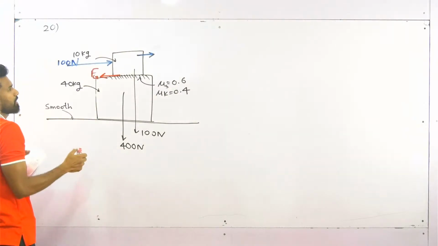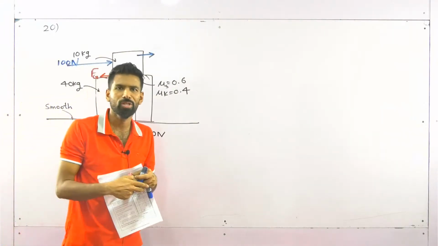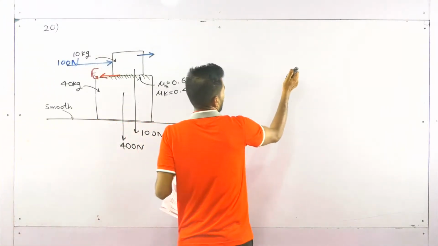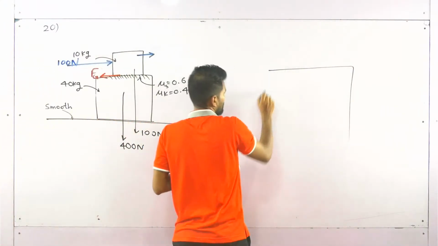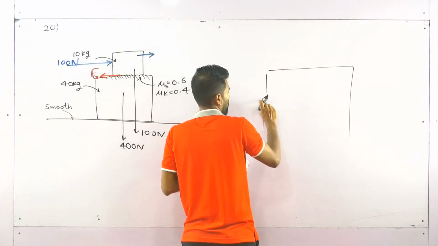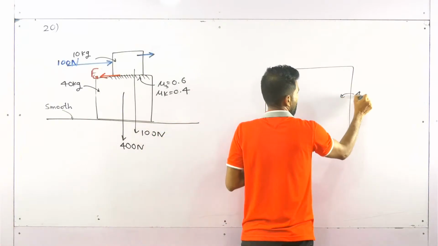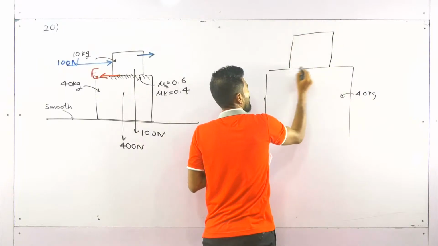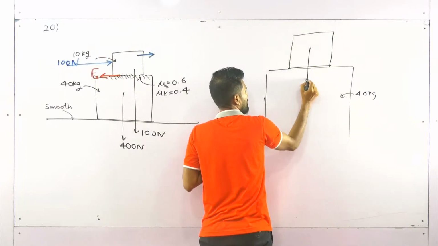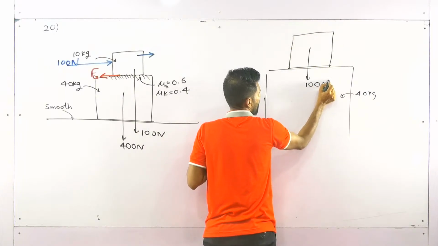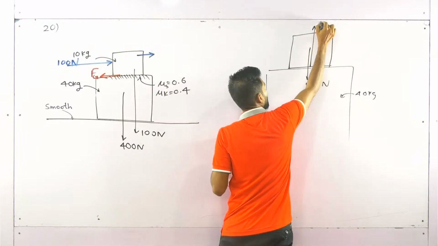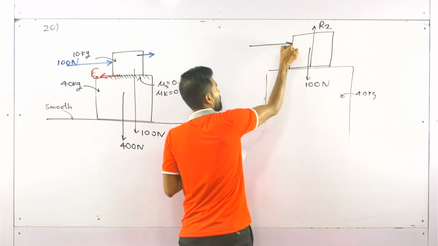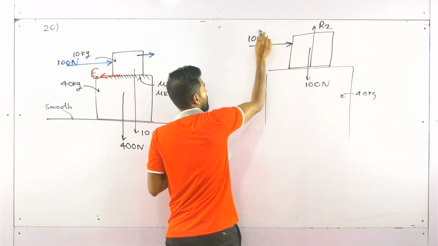Fg. Shall we find this friction first before doing anything? Now, this is the upper surface of the 40 kg block. On that block, there's a 100 Newton weight with the normal reaction R2, and there's a 100 Newton force acting on it in this direction.